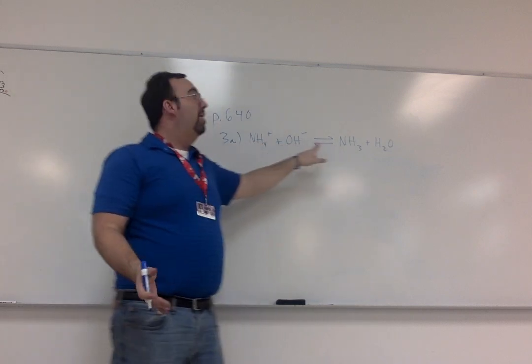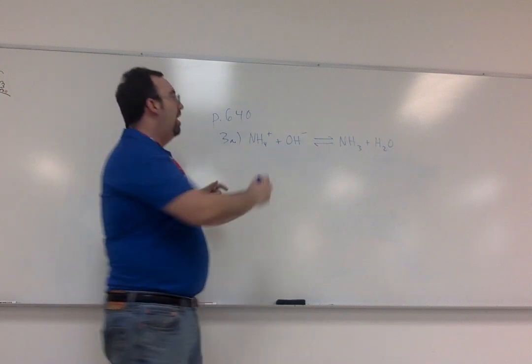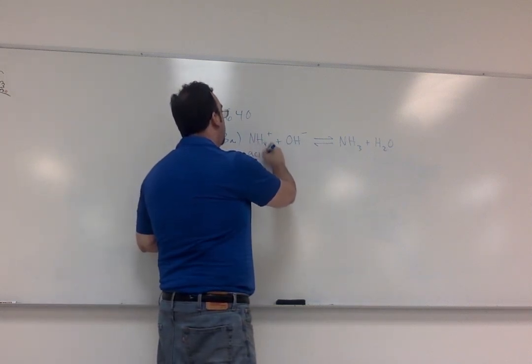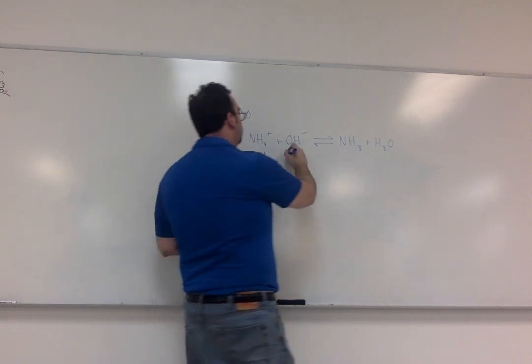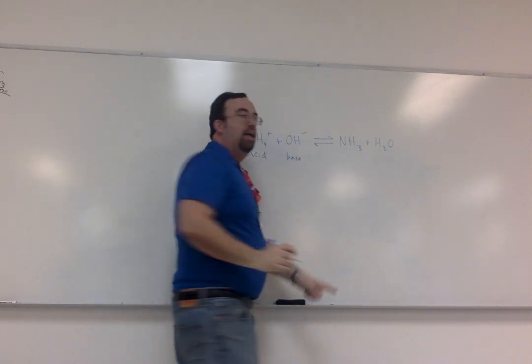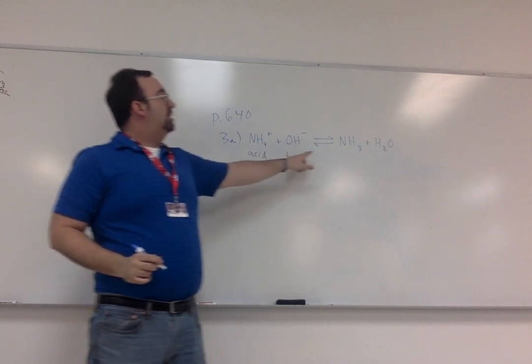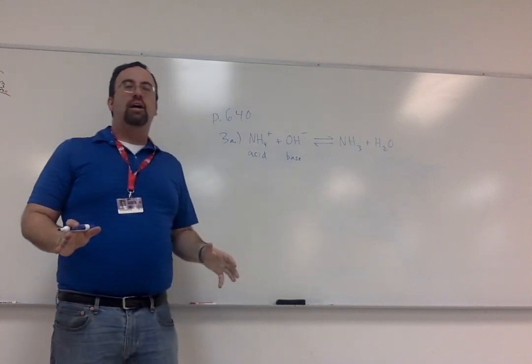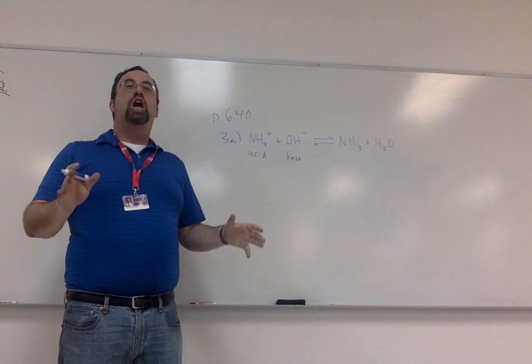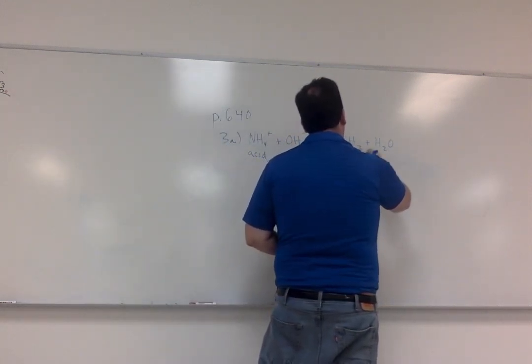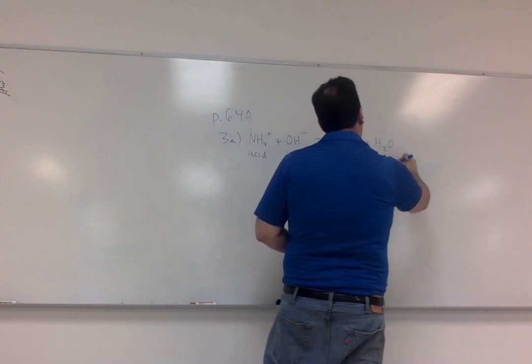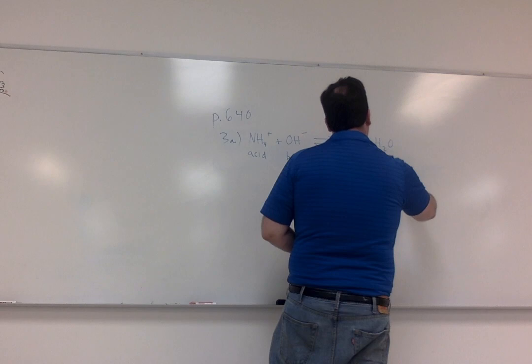And so this would be our acid, and therefore this would be our base. Because this has lost a hydrogen ion, this is now our conjugate base. And therefore the water is the conjugate acid.